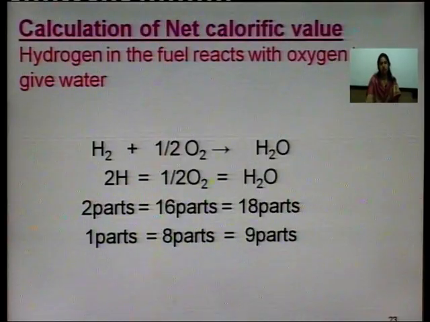Let us take the common factor out, that is 2. What we have got from this reaction is that 1 part of hydrogen reacts with 8 parts of oxygen to form 9 parts of water. So, let us use this in the calculations part.